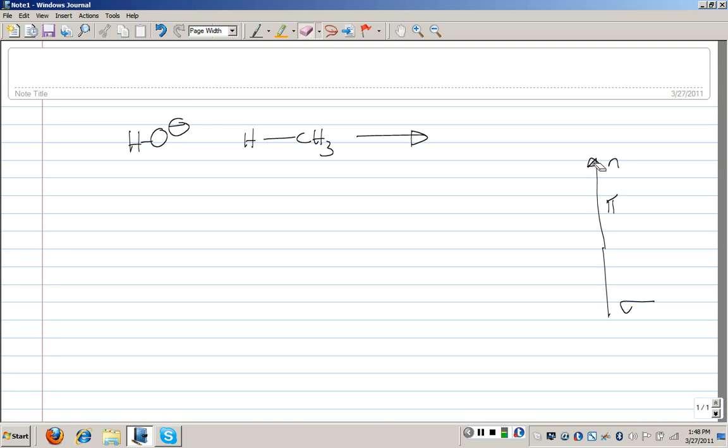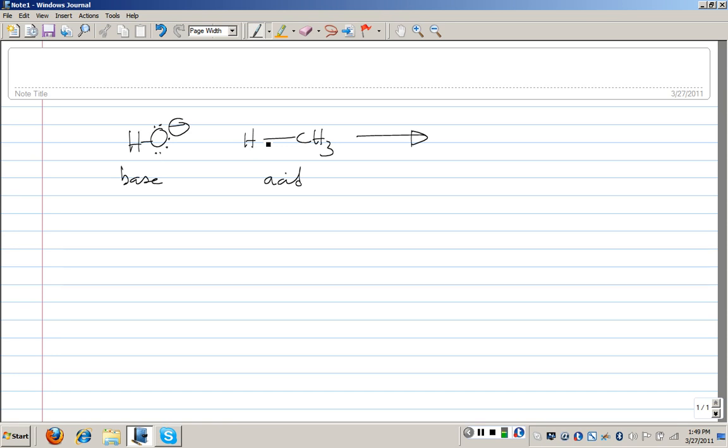Therefore, of my options, the only possibility is that hydroxide will function as a base, and methane then can function as an acid. And that's reasonable, right? Hydroxide certainly has 3 lone pairs of electrons and a negative charge, so it fits our definition of a base. It's an electron-rich species.